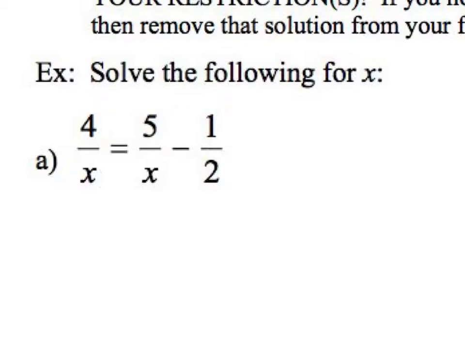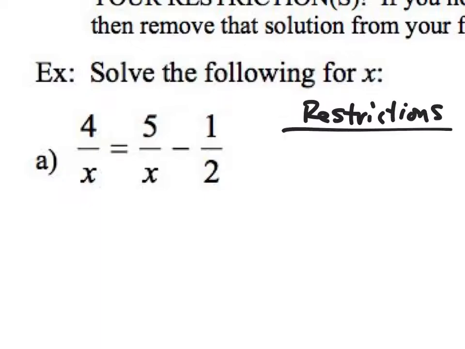However, we first want to look at our restrictions. Remember, what we do is we take our denominators and set them equal to 0. We only do that when we have variables, and this one's pretty easy. I'm going to take our denominator of x, the only variable we have, and set that equal to 0. This is my restriction.